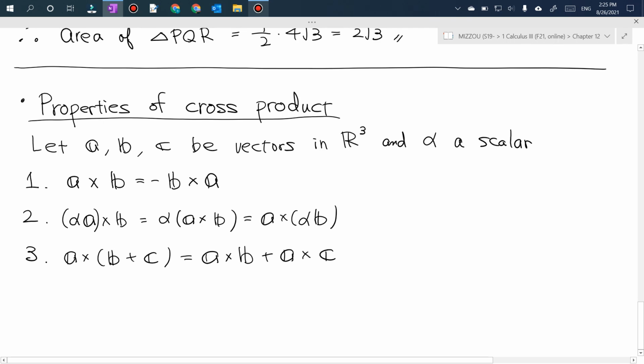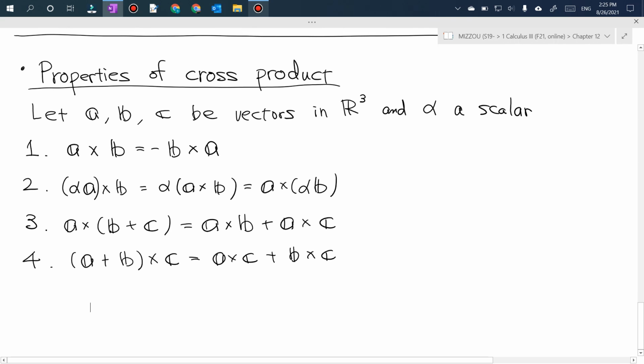Then, of course, you can do the same thing from the other direction. So here, (A plus B) cross C is the same as A cross C plus B cross C. You can distribute from this side as well.